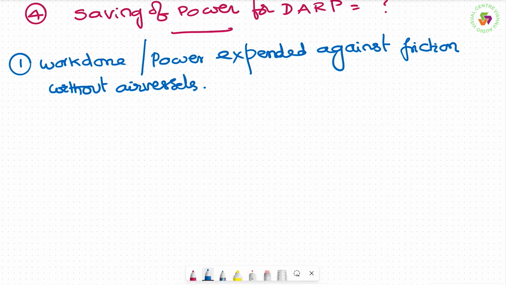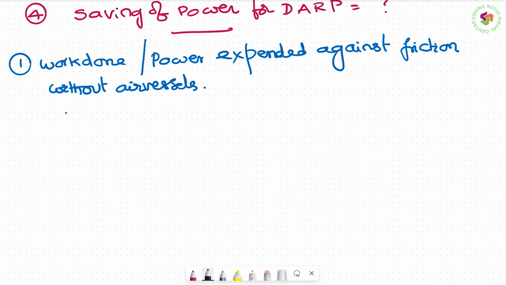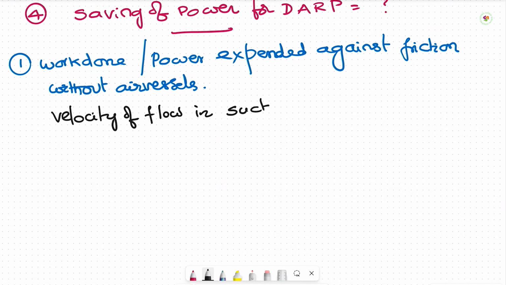Now basically we know the velocity of flow in suction pipe or delivery pipe.